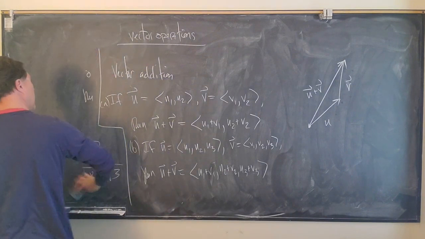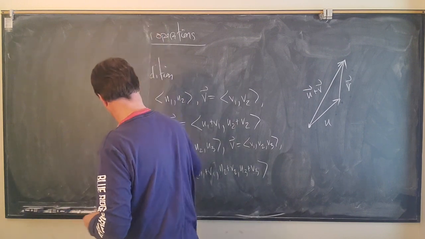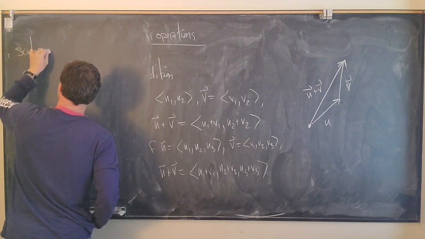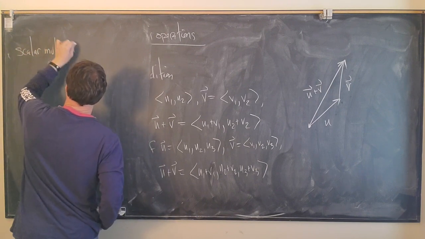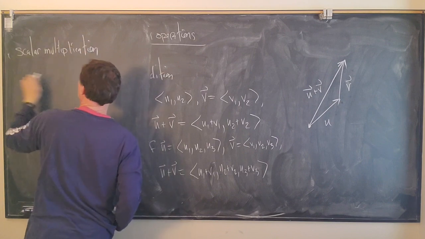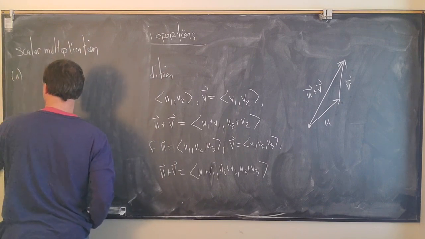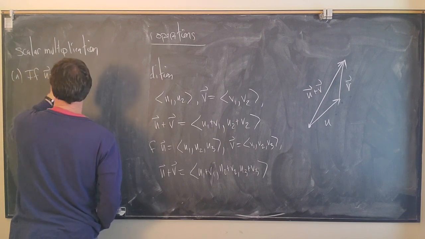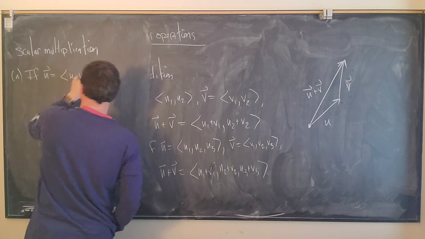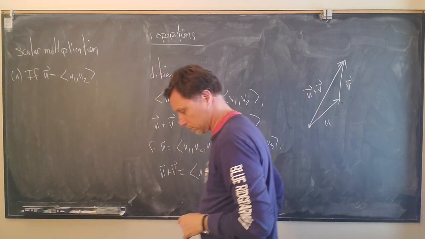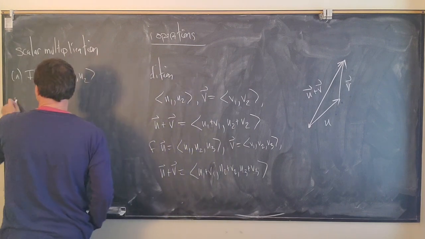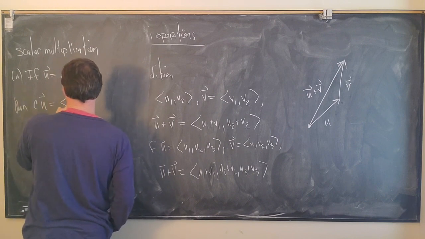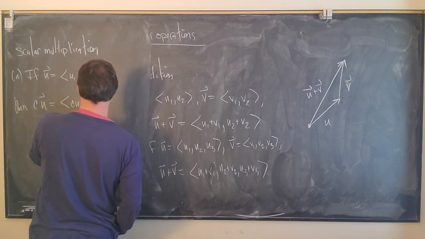There's a second operation that's called scalar multiplication. Once again, we'll have two parts. If u equals u1, u2, then if we take any constant c, c times u is going to be the vector c u1 comma c u2.